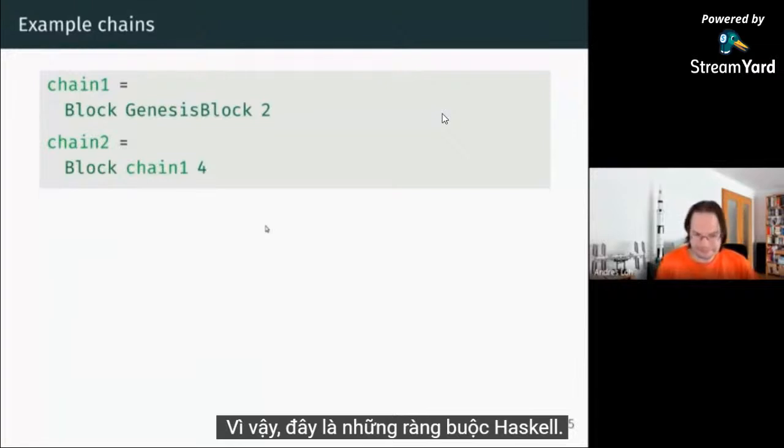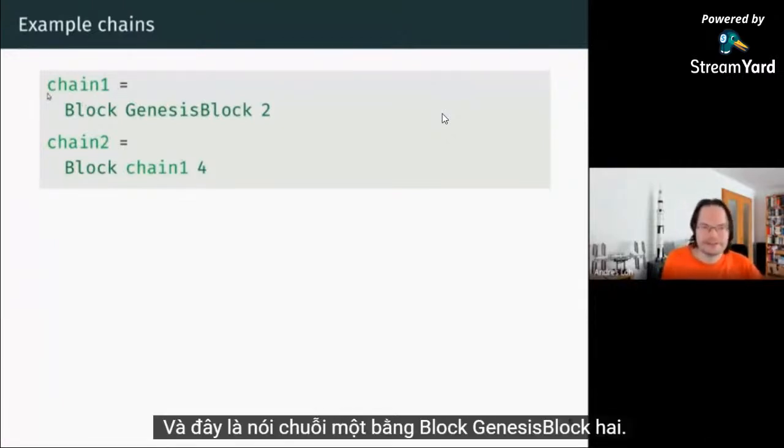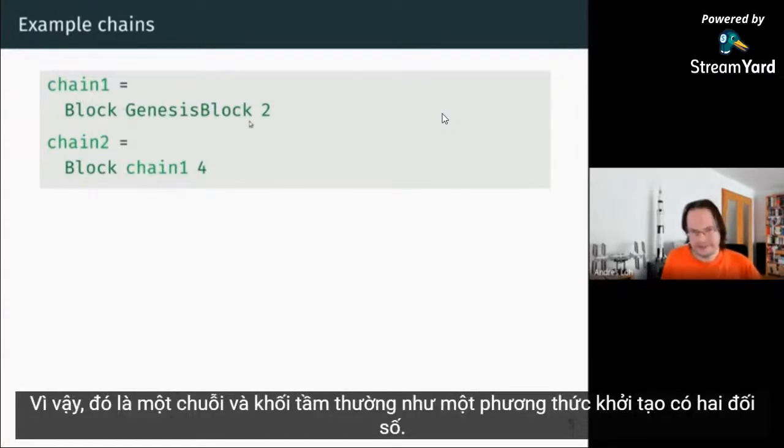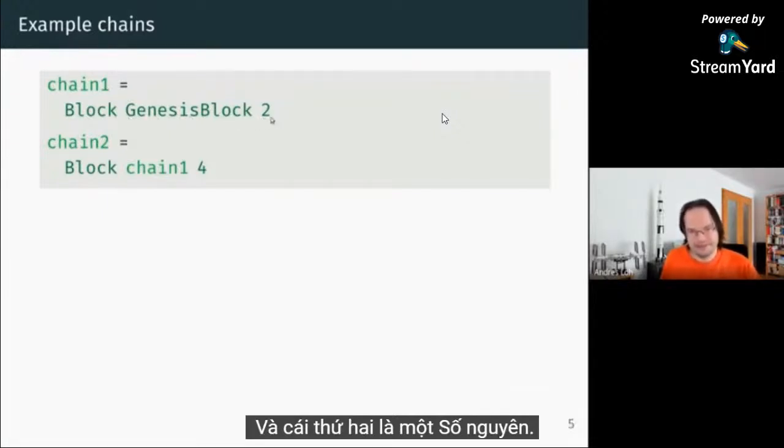So these are Haskell bindings. That is, the bindings are marked by the presence of an equals symbol, right? And so this is saying chain 1 equals block Genesis block 2. And as I said before, Genesis block stands on its own, so that is a trivial chain. And block is a constructor that takes two arguments, the first one being an already existing chain, of which Genesis block is an example, and the second one being an integer.